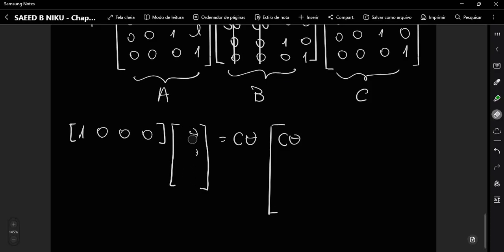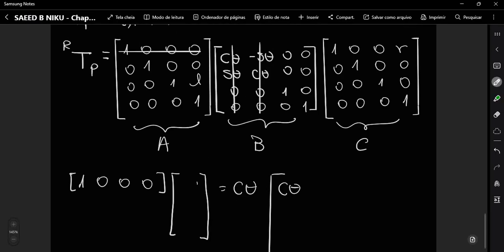Okay, so let's change here, and minus sine of theta, cosine of theta, 0, 0. And again, we will just have this first element because these zeros are concealing all the rest of the elements. So it is minus sine of theta.